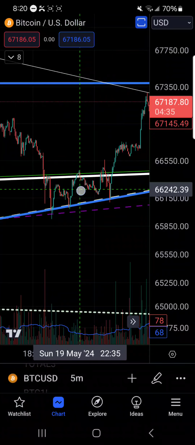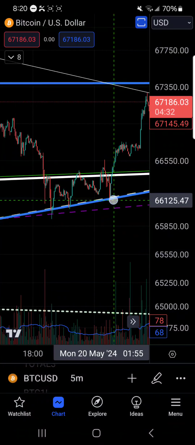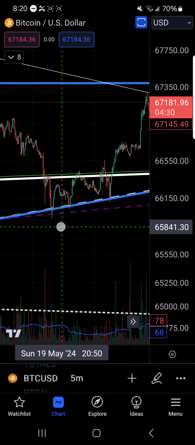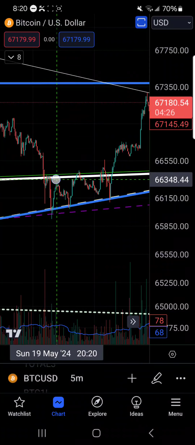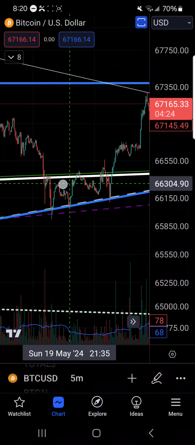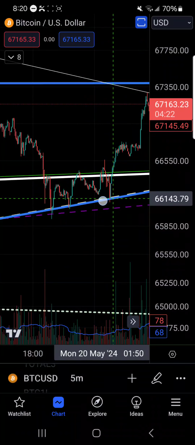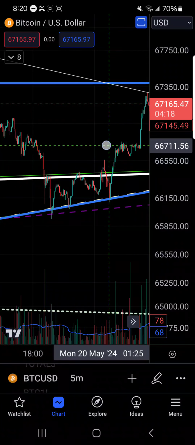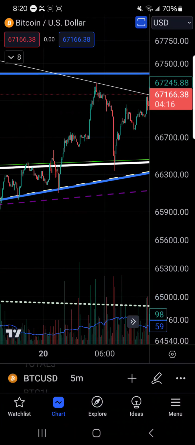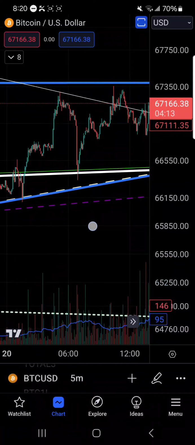We were trying to hold this as support, and the bears were trying to dump us down through here. And then what was key was that we held not only the center line as support, but our infamous white channel from which we start all our parabolic bull rallies.